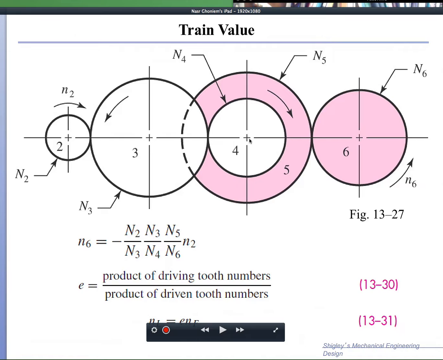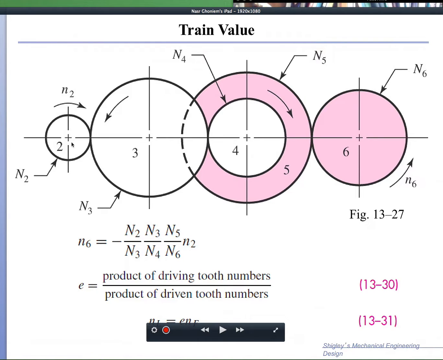However, it is on the same common axis as N4. So N4 here is what is called an idler. It's not really doing much but being driven, and then it rotates gear 5. Gear 5 drives gear 6.